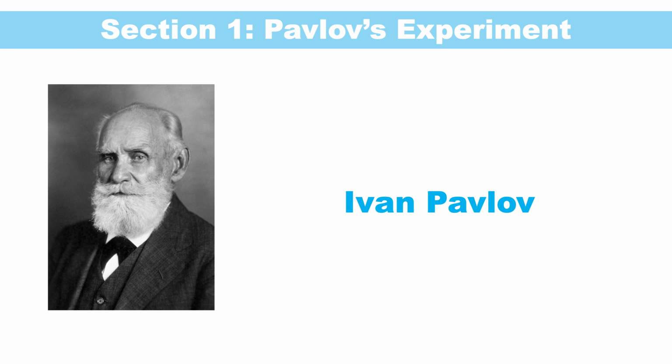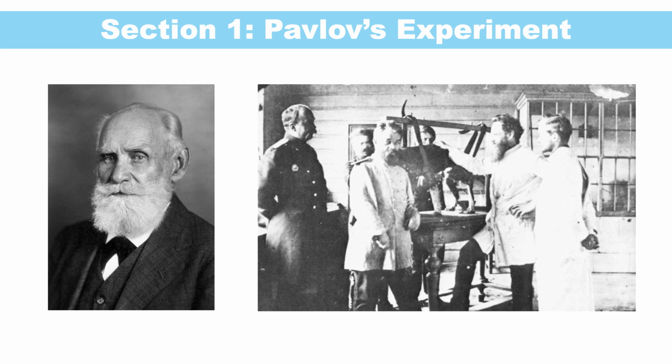Pavlov was a Russian scientist who, by chance, discovered one of the most fundamental principles of behaviorism while studying digestion. Pavlov initially set out to explore the physiology of salivary glands in dogs, but what he found changed the course of psychology forever. To understand Pavlov's discovery, imagine this. Pavlov had several dogs in a lab with their salivary ducts surgically redirected to external tubes to precisely measure salivation.